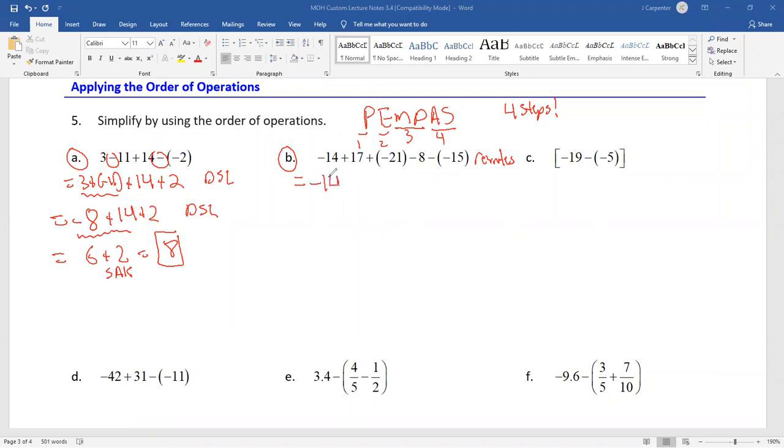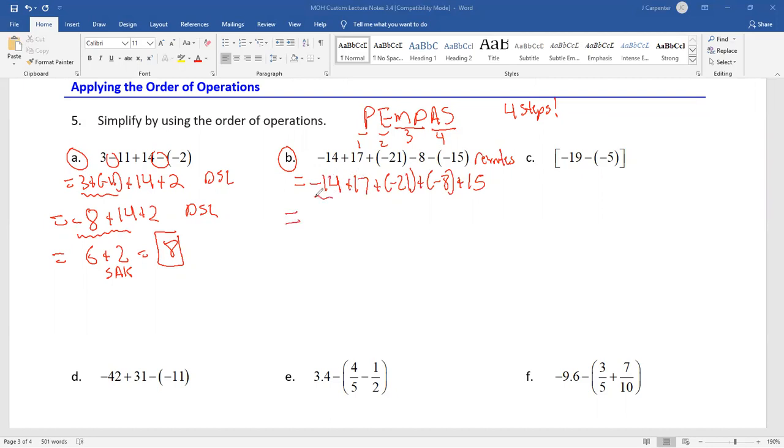So that's negative 14 plus a 17 plus a negative 21. The minus 8 becomes a plus negative 8. The minus negative 15 becomes a plus positive 15. Change the subtraction to an addition, opposite sign of the number after.